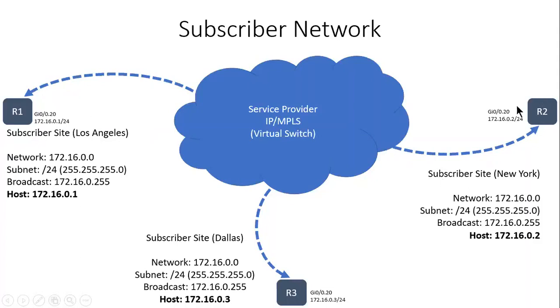If these other sites, R2 in New York and R3 in Dallas, truly are on this Ethernet segment along with R1, or if they're all part of this broadcast domain, then they should reply to this ping targeting the network address.